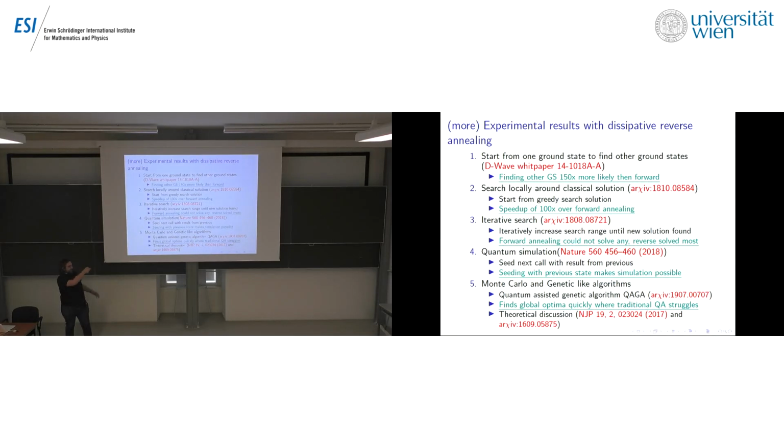Forward annealing, meaning not biasing, you couldn't solve any. Doing some simple biasing, you could solve most using an iterative method, et cetera. So there's quite a bit you can get ahead with in real experiments, but in a dissipative regime.